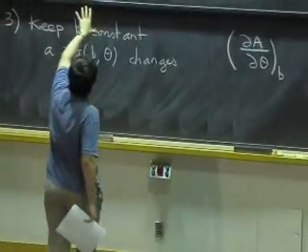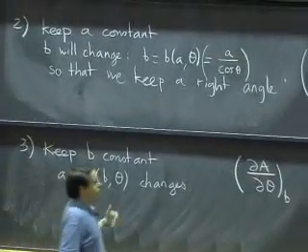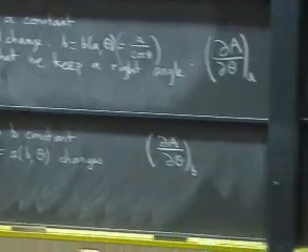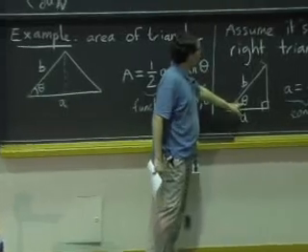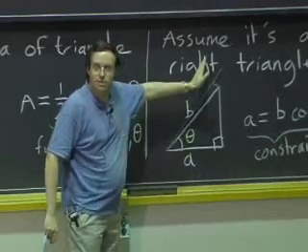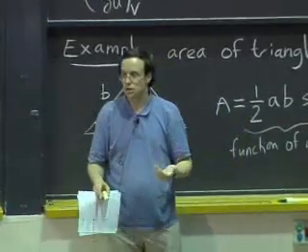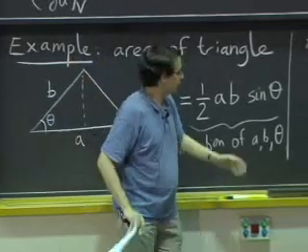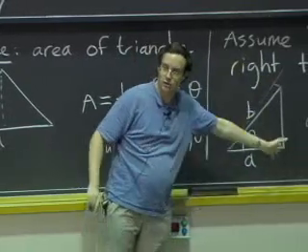Okay, so the second answer again. So one way to ask ourselves, how does the area depend on theta, is to say, well, we'll actually look at the area of a right triangle as a function of A and theta only by solving for B. And then we'll change theta, keep A constant, and ask how does the area change. So when we change theta and keep A the same, then B has to change so that it stays a right triangle, right?